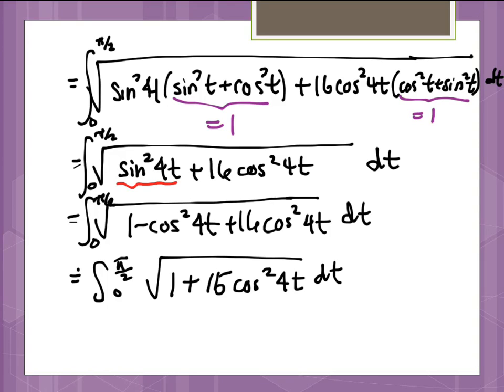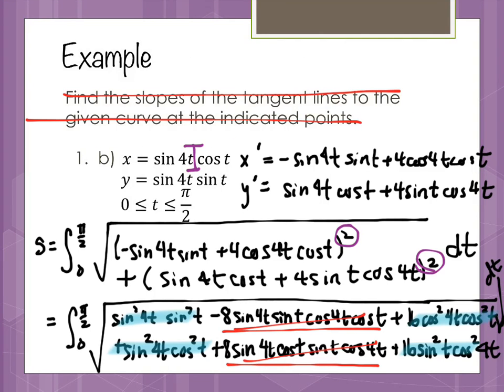Wouldn't it get rid of the sine cubed, 4t sine cubed t? What was that? From the last slide, the very first thing, you had sine cubed 4t. It's not a cubed, it's a squared. Oh, this is a squared, just like this one. Sorry, it looks a little sloppy. What we do with those first ones, we factored it out.